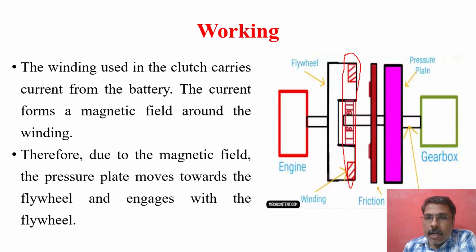Once the magnetic field is generated here, the pressure plate moves towards the flywheel, that means it moves to the left-hand side, which means engaging of the clutching device. The power is transferred from the flywheel to the driven shaft.